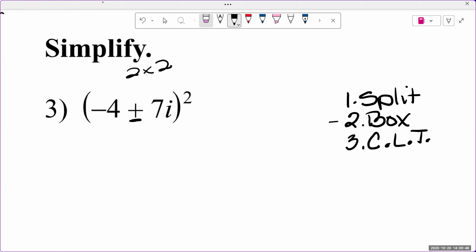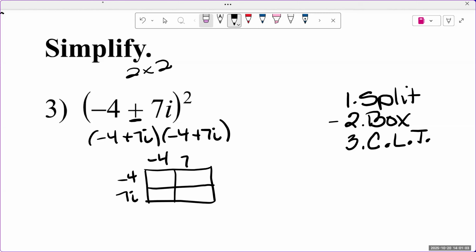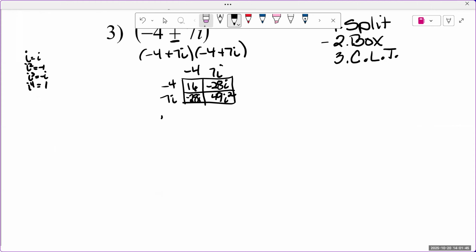Because of that plus sign, step 1 is to split. Step 2 is to make a box and multiply. -4 times -4 is 16, -28i, -28i, and 49i squared.